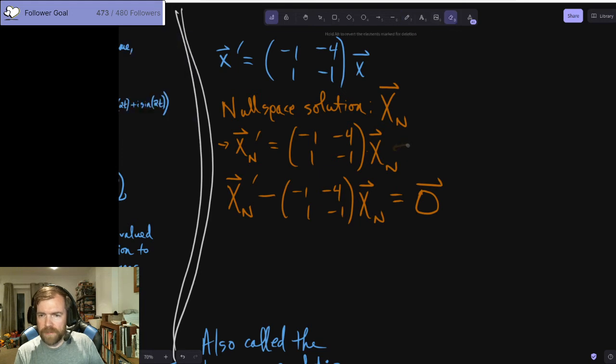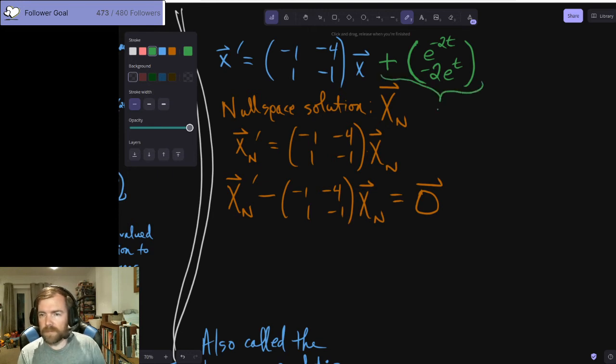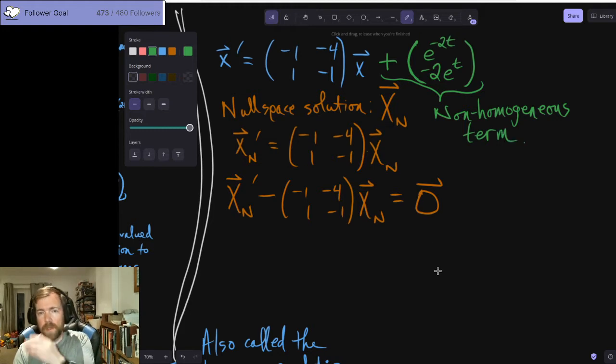The major point of this is that if we do not have a homogeneous differential equation, and therefore our solution cannot be a homogeneous solution, we're going to have this non-homogeneous term which sits out in this particular differential equation.